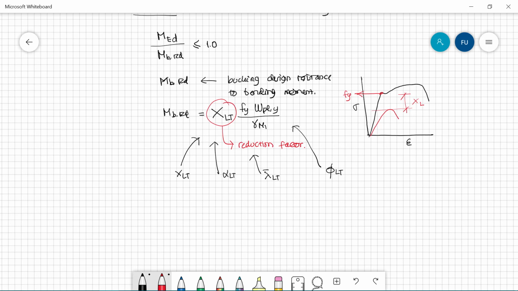These parameters affect the design resistance of a laterally unrestrained beam to buckling, to bending moment.